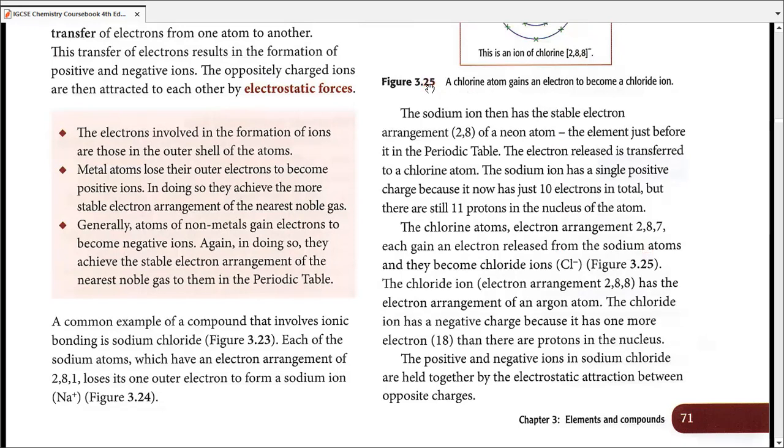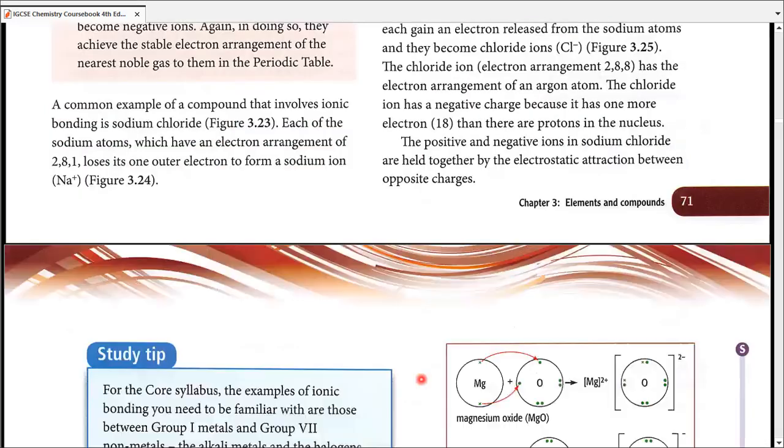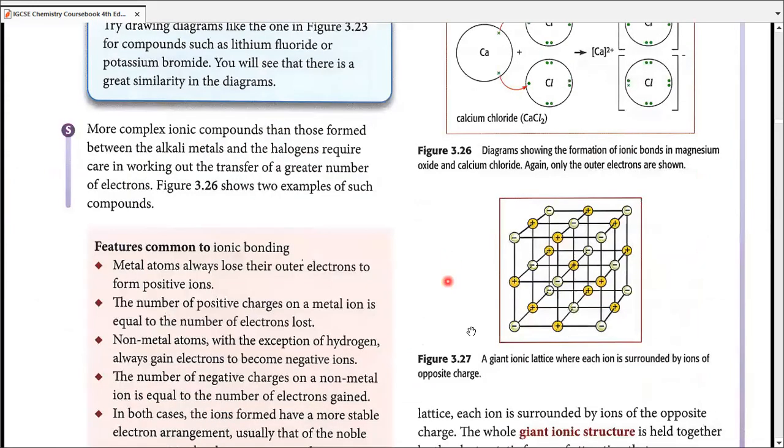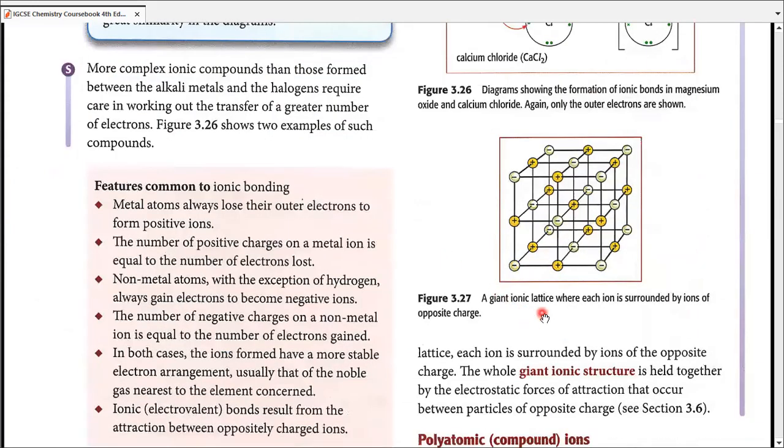They come close, they attract one another very strongly, and they form an ionic lattice. Let's move on to the next page, page number 72, to take a look at the ionic lattice they're going to form. And there you go, figure 3.27.